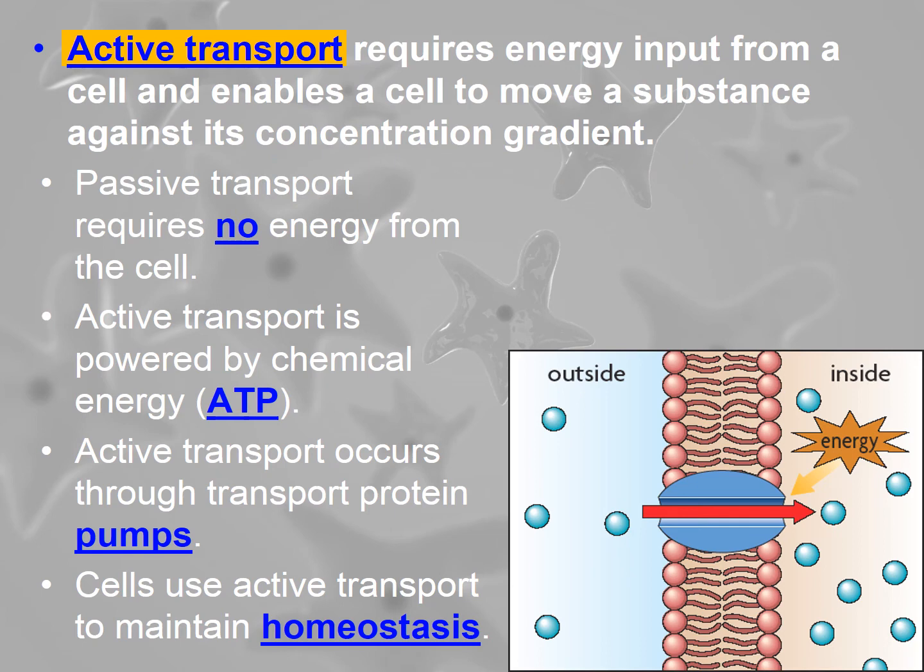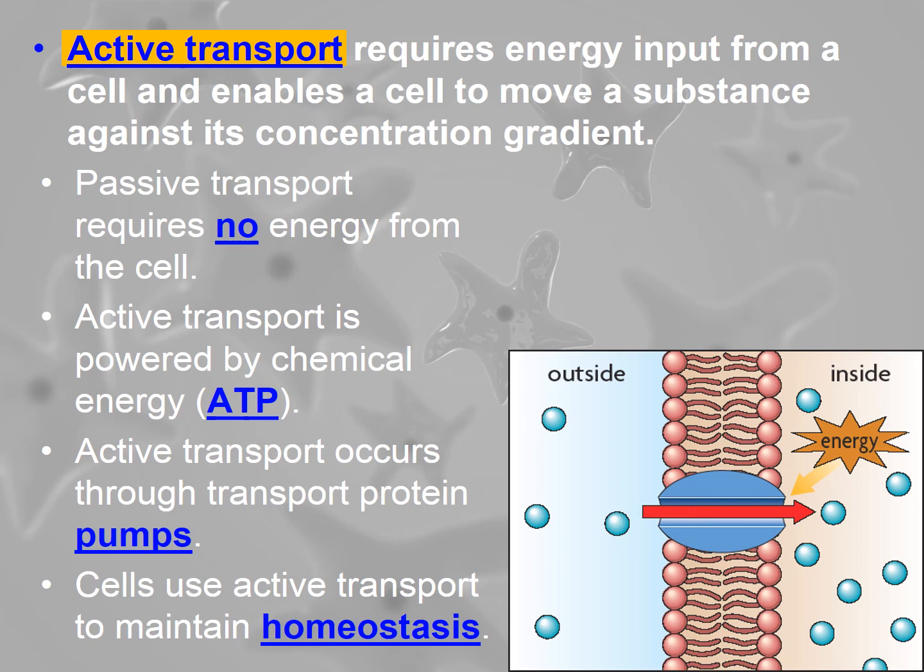Okay, so talking about active transport, it's going to require energy. If you think about the term active, it requires energy for you to be active. So that might help you remember active transport needs energy, because usually the cell is trying to move molecules against the concentration gradient.